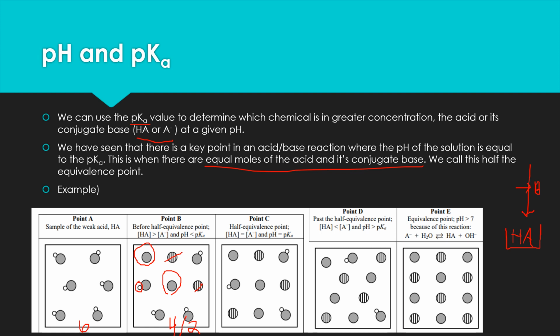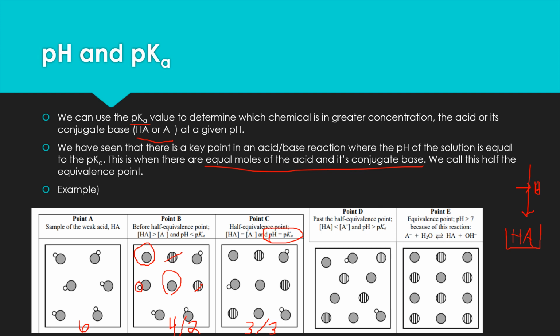Now at half the equivalence point, that's point C, we can see we've got 3 molecules of our weak acid and 3 molecules of its conjugate base. At that point, we know that the pH is equal to the pKa. Okay, so let's go back to the others.